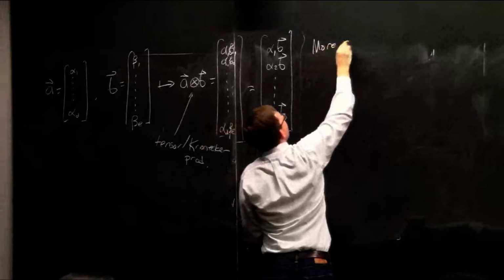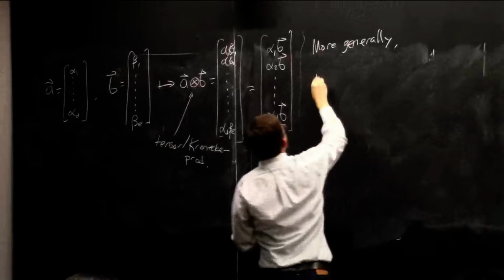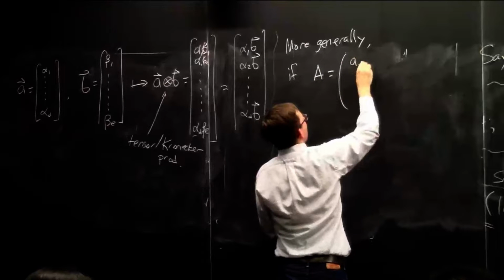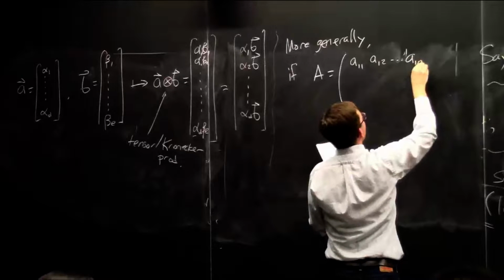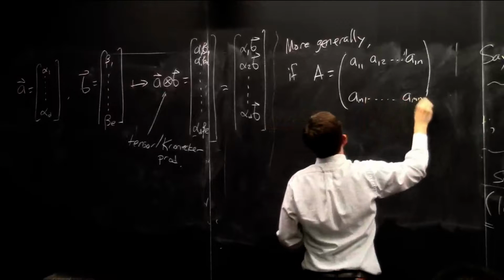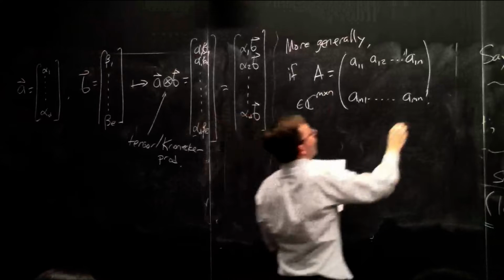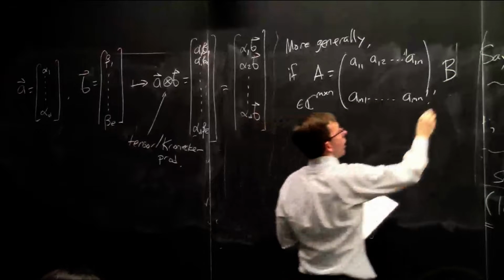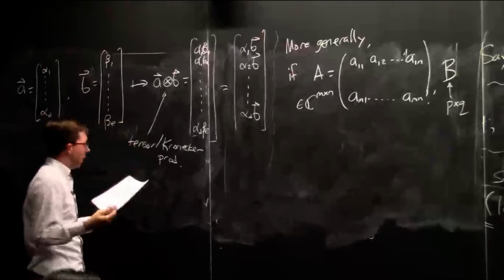More generally, if you have some matrix A, with entries A1,1, A1,2, up to A1,n, down to AM1, AMN, so this is some m by n matrix, and let's say you have some other matrix B, which I won't give letters to, and let's say this one is p by q. So they can be rectangular matrices of different dimensions.